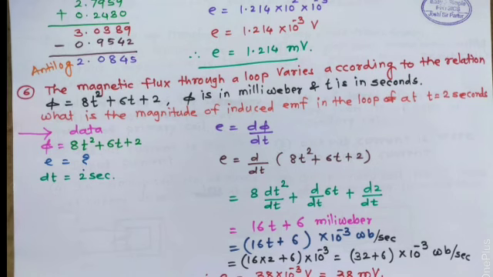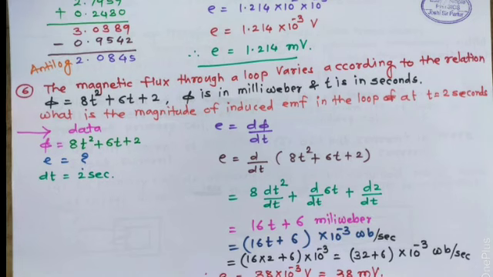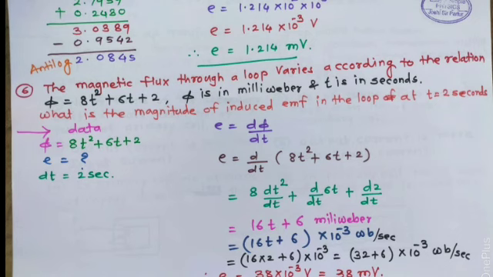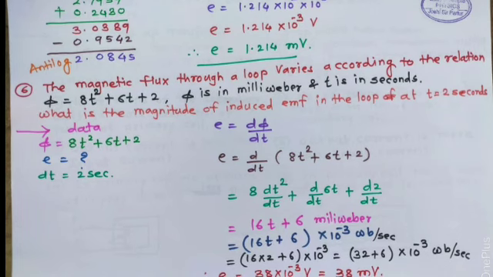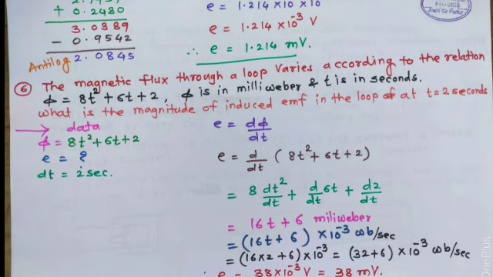Question number 6: the magnetic flux through a loop varies according to the relation phi equal to 8 t square plus 6t plus 2, where phi is in milliweber and t is in second.